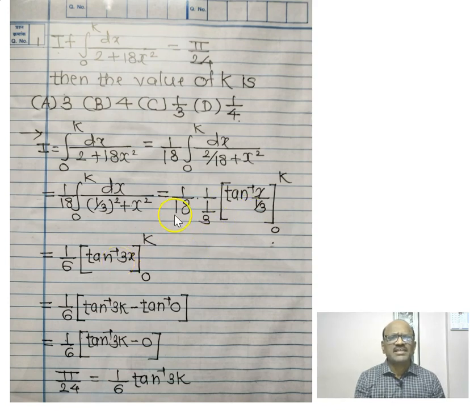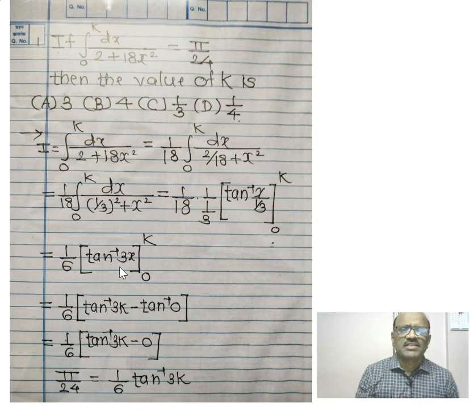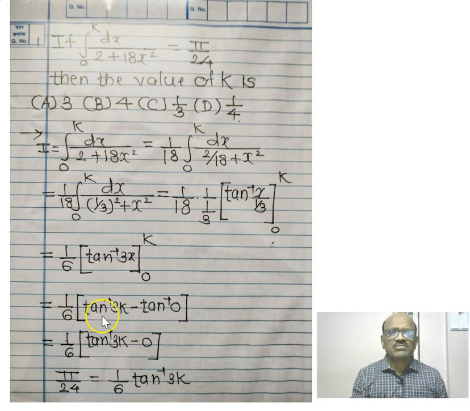That is 1 by 6 tan inverse of 3k minus tan inverse of 0. Now 1 by 6 tan inverse of 3k minus 0.